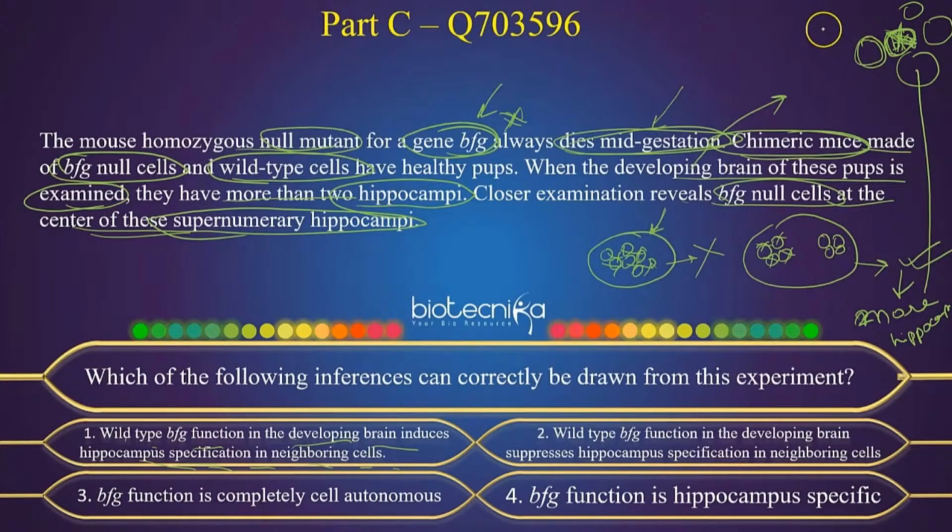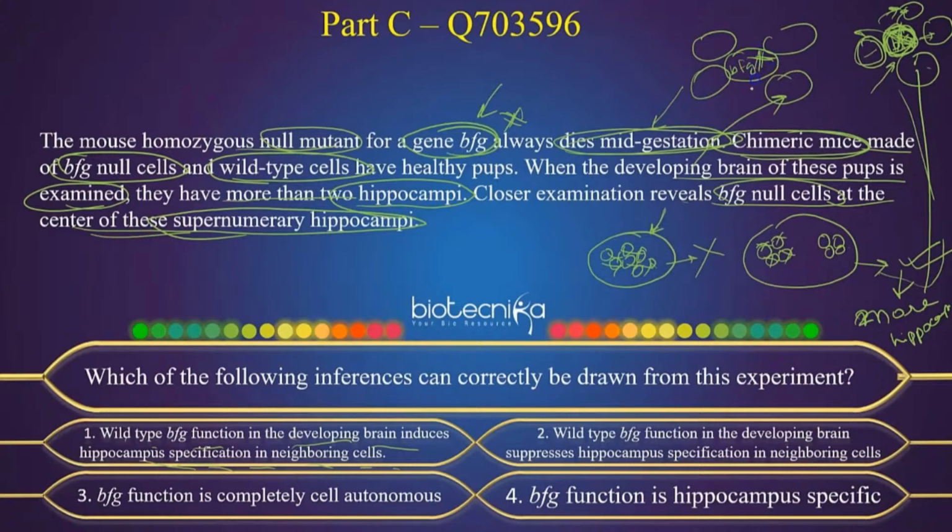So if BFG would have induced hippocampus formation, then you cannot expect the BFG null cells to be there at the center, isn't it? What I'm saying is you have the supernumerary hippocampus formed from this embryo, and in the center you are getting a cell which doesn't have BFG.